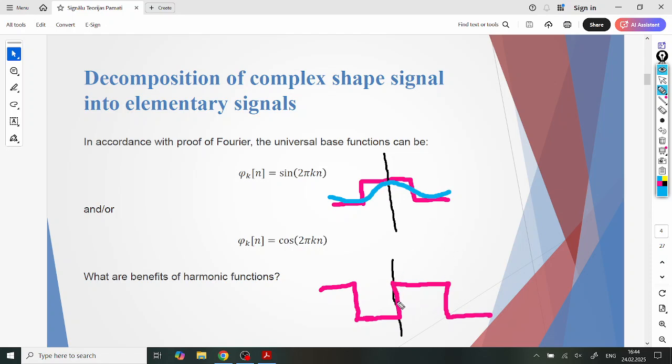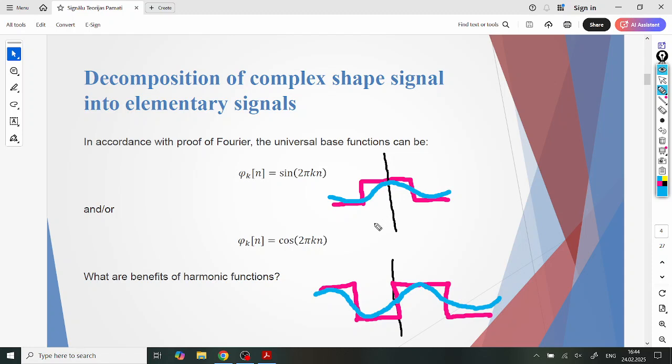Now you start from the 0 point, and you describe it with a sine wave. As it will turn out, this is only due to the fact that this signal was symmetric around the vertical axis, and this one was anti-symmetric. If it is anti-symmetric, you can describe it with sine waves. If it is symmetric, you can describe it with cosine.